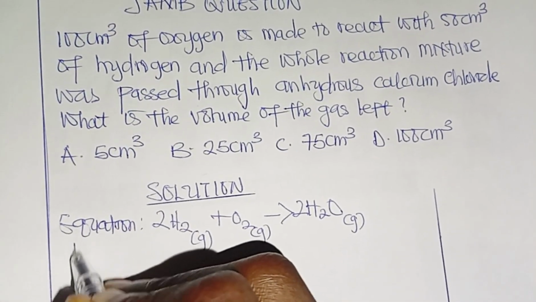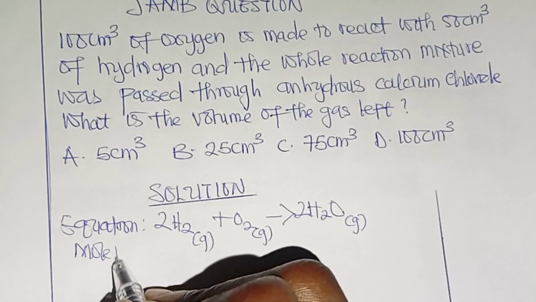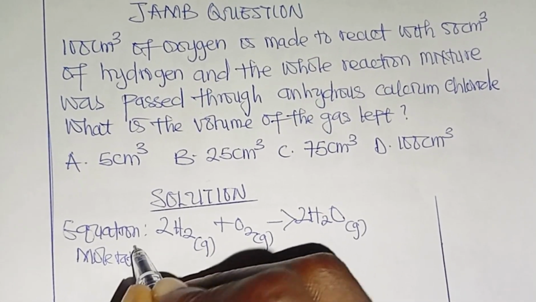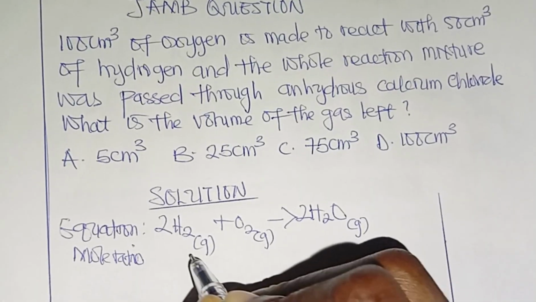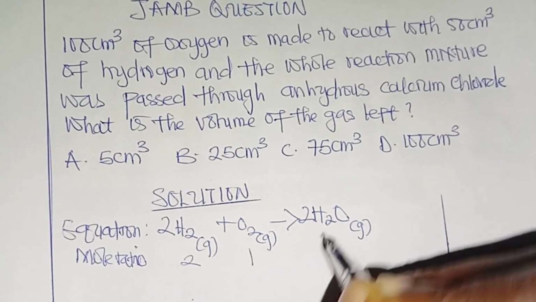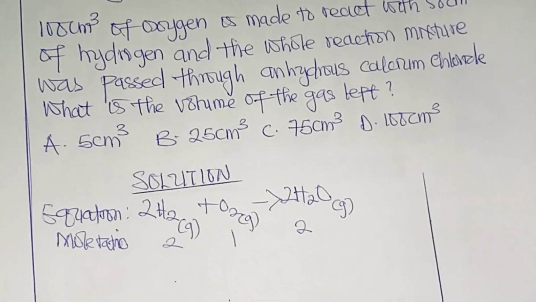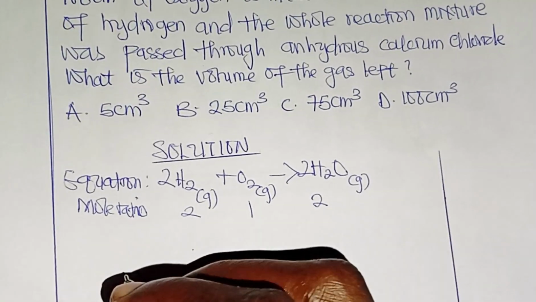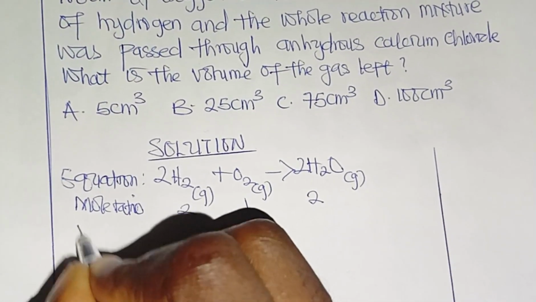The first step is to write out the equation for the reaction. Second step, write out the mole ratio. I have 2, I have 1 here, and then I have 2. Note, in a gaseous equation, the mole ratio can be written as volume ratio, okay?